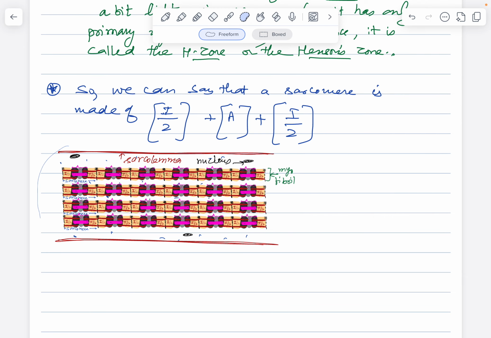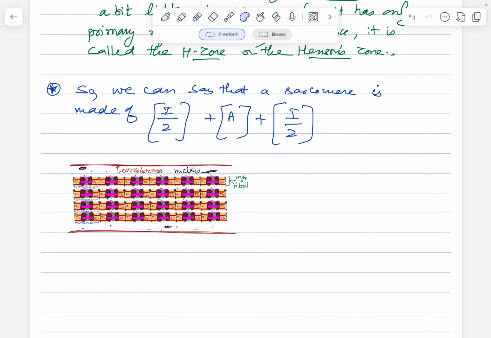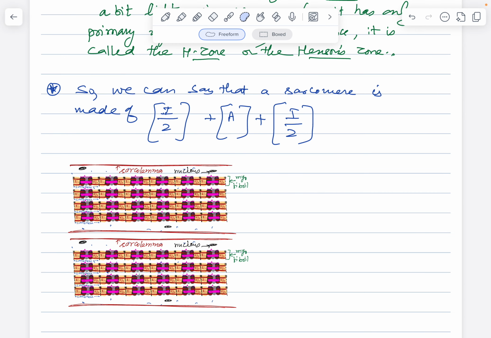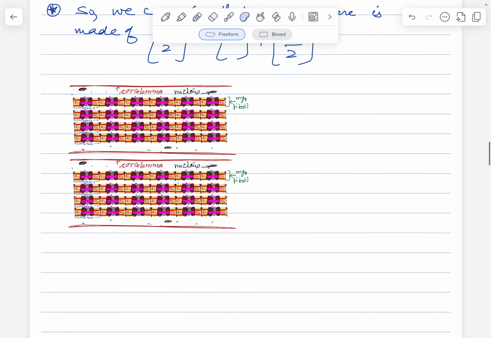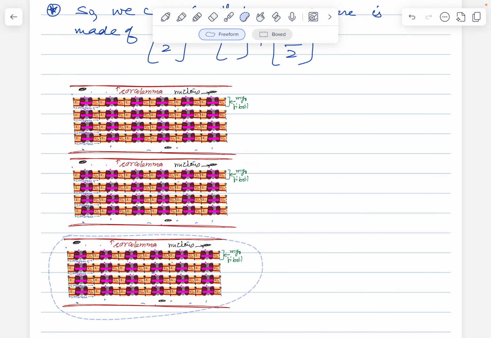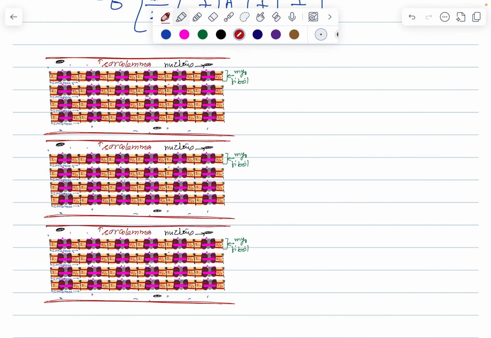And if this is one muscle fiber, that's another muscle fiber. That's another muscle fiber. What is the connective tissue between these muscle fibers? Endomysium.